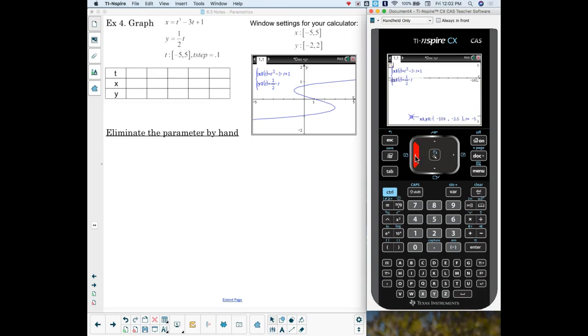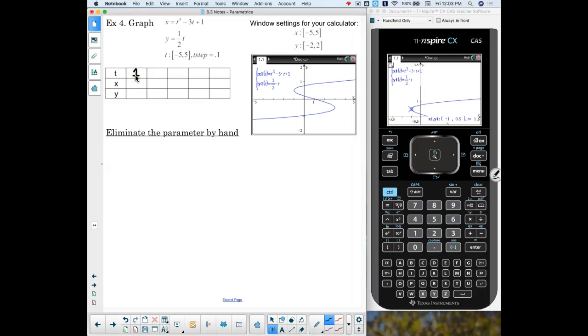And then when I get to the end, if I hit to the left one more, it puts me back up. And then I can keep going down like that. If my t-value here is 1, then that gives me an x value of negative 1 and a y value of positive 1/2.